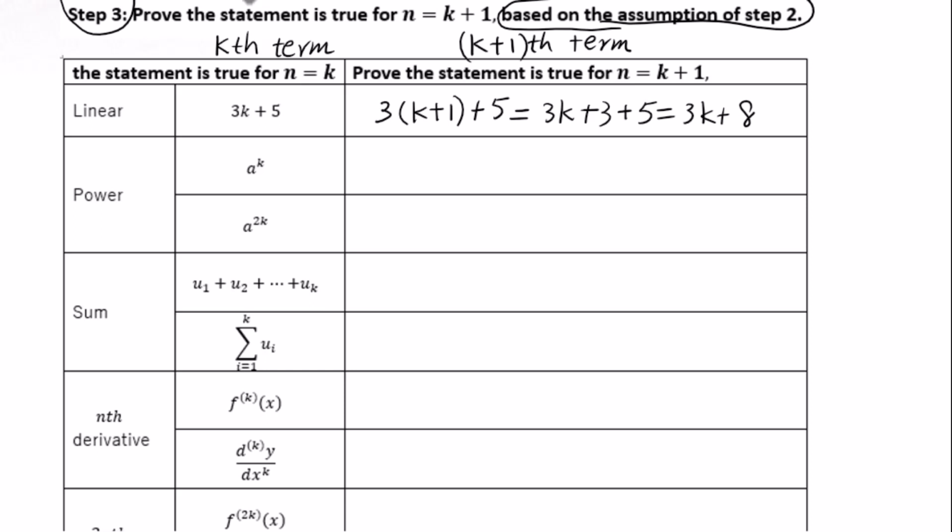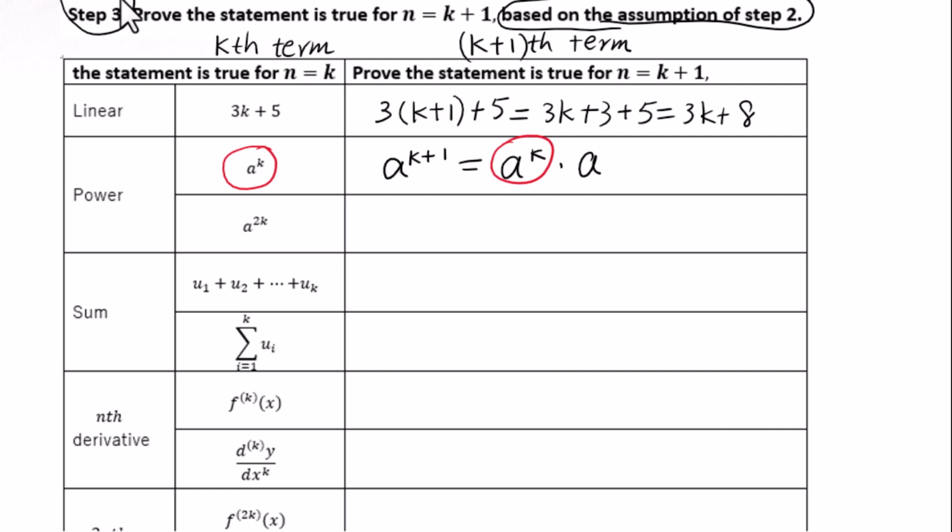For a power function a to the kth power, the next term will be a to the k plus 1th power, which equals a to the kth power times a. In this way, we connect the kth term and the k plus 1th term.